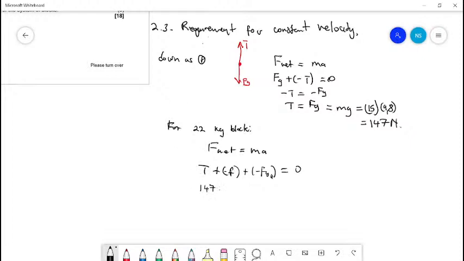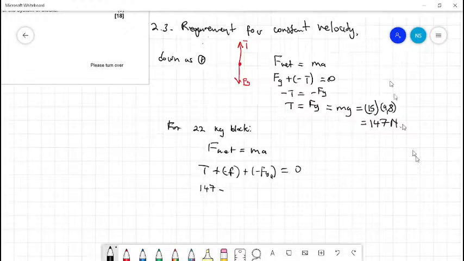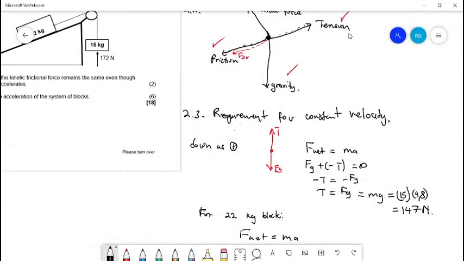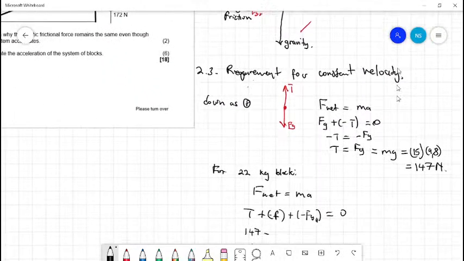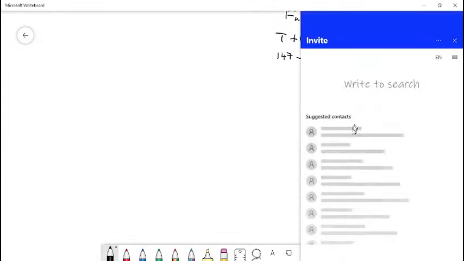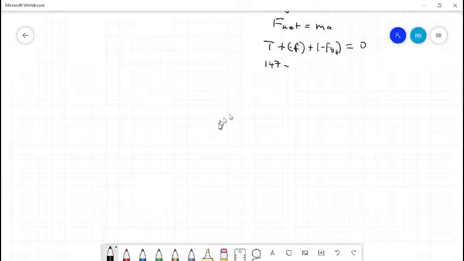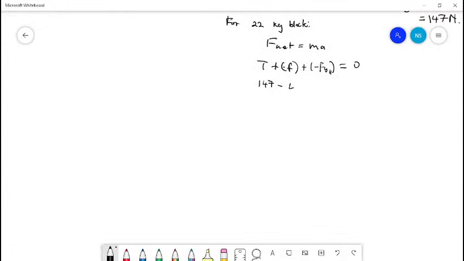So we have 147 minus the friction that we're given in the question, 43.86, minus mg sine theta, because this is Fg parallel, equals 0.